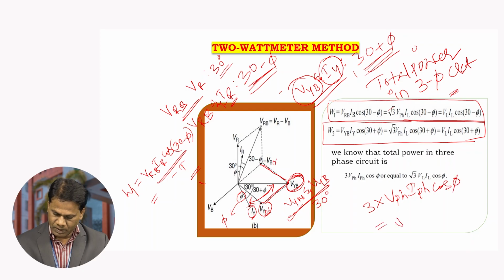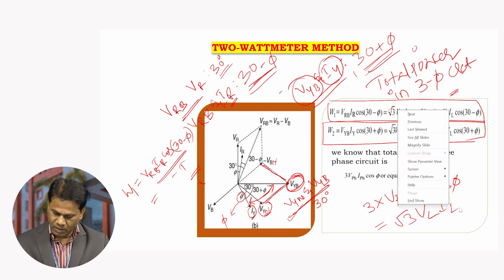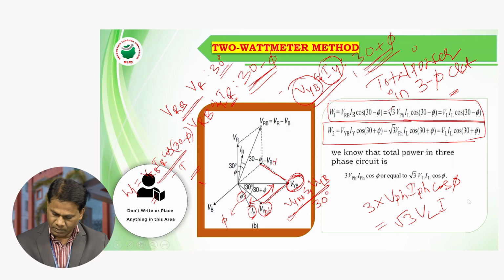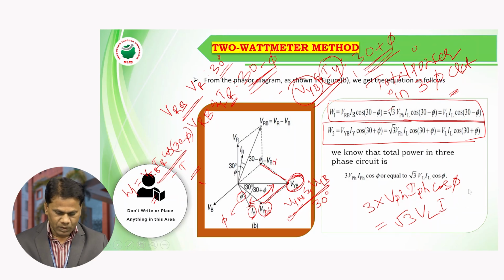In terms of line quantities, this is root 3 VL IL cos phi. So this is all about the 3-phase power in the two wattmeter method.